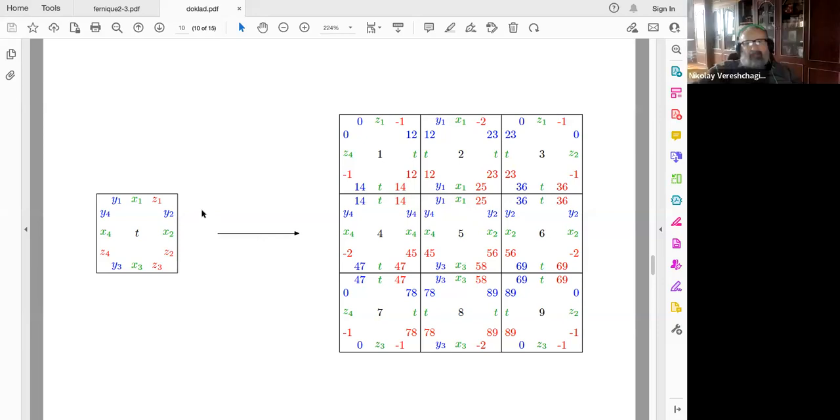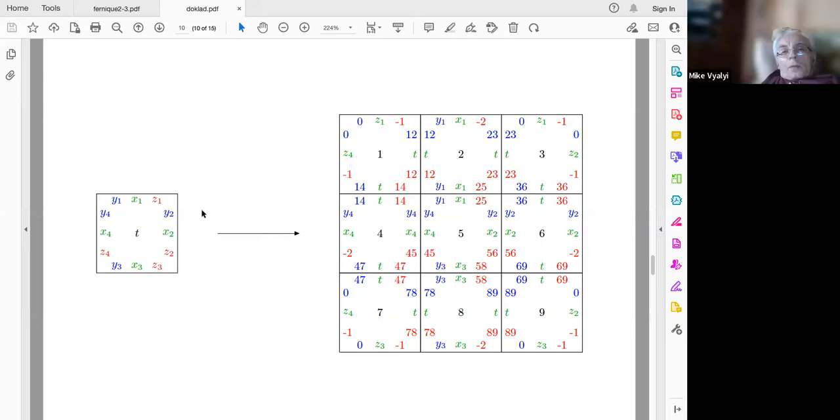And actually, from the previous notes, we know they should form this picture 1, 2, 3, 4, 5, 6. Because it's the only way to produce them.